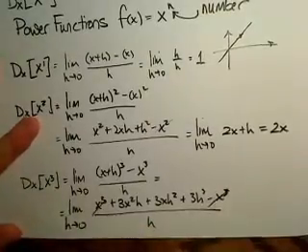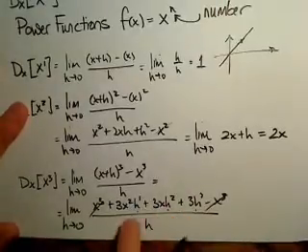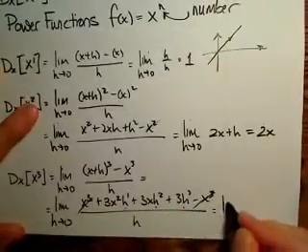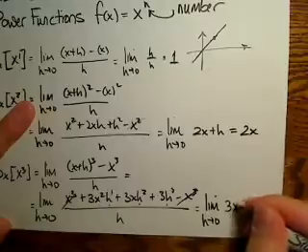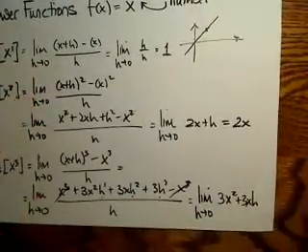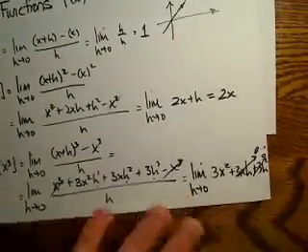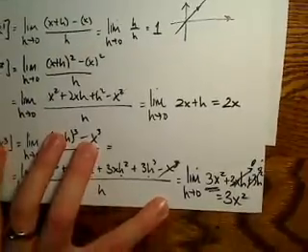Right? Again, those add up to 0. I'm left with just stuff that has h's in it. In fact, I have something with 1 h, something with 2 h's, and something with 3 h's. And so by the time the cancellation happens, the thing with just one h is left, and then everything else, even after cancellation, still has h's left over. Those things go to 0, and I'm left with just the 3x squared.